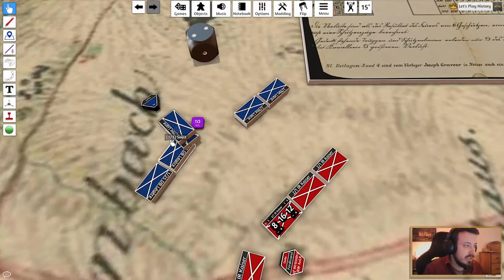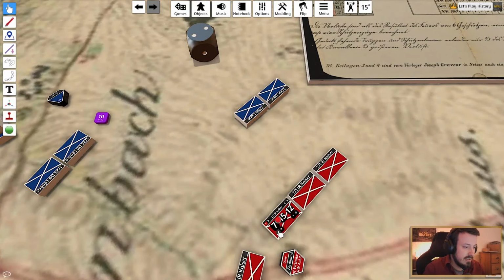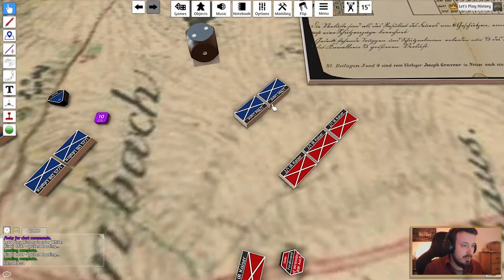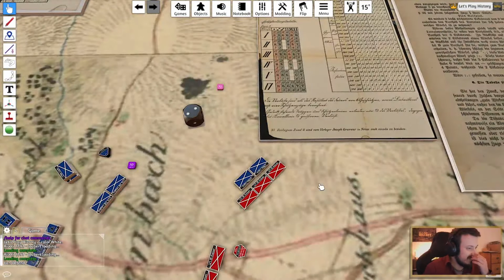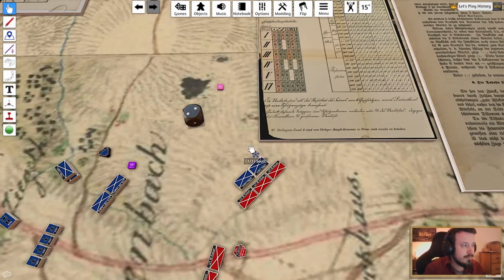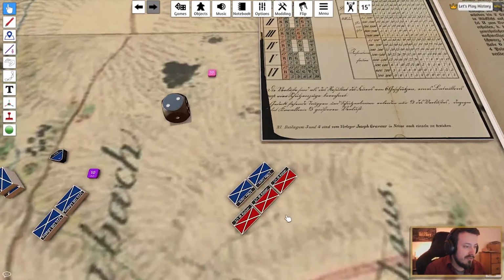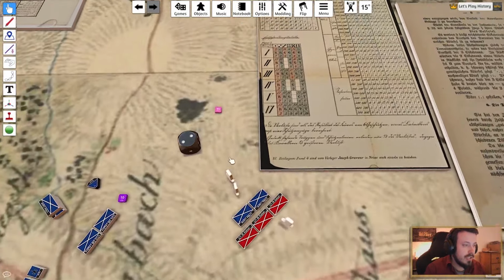So if we get rid of all these guys, and let's say they are fresh like so, and they would be fighting one-on-one here for whatever reason. Not even forming assault columns. So now we have a ratio of 3-to-2 or 2-to-3.